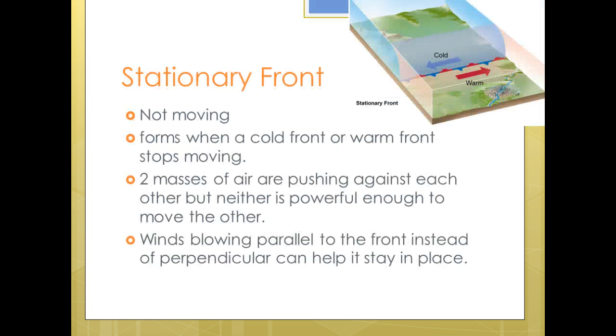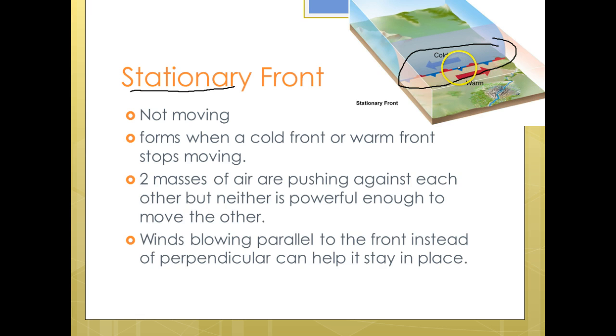Now let's take a look at stationary fronts. Stationary, what does it mean? It's not moving. It is stationary. It's staying still. Take a look at the picture. The symbol for a stationary front is a mixture of the cold and the warm front symbols.